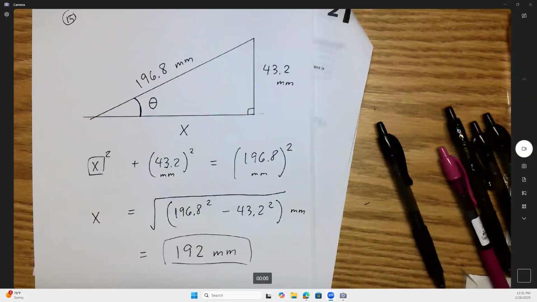Who knows? How many degrees is that? Who can solve for that angle? Who knows how to solve for the angle? That's how you extract an angle from a triangle. Yeah, you have to apply some kind of inverse trig.